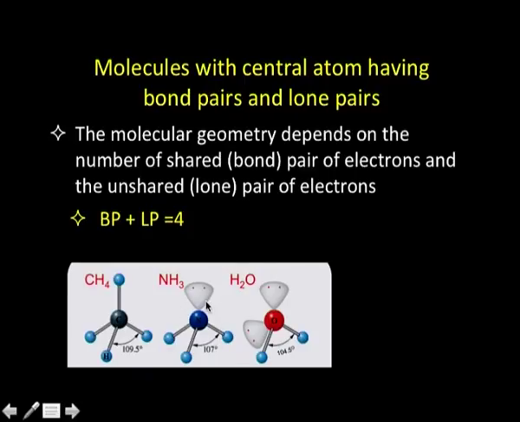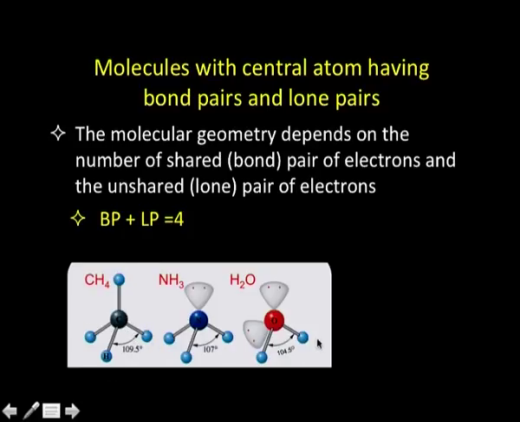But when the second postulate becomes operative, whereby the repulsion between this lone pair and the bond pairs is more than between the bond pairs and bond pairs, we find that the bond angle becomes smaller. It comes to about 107 degrees as against 109.5 degrees in case of a regular tetrahedron of methane.